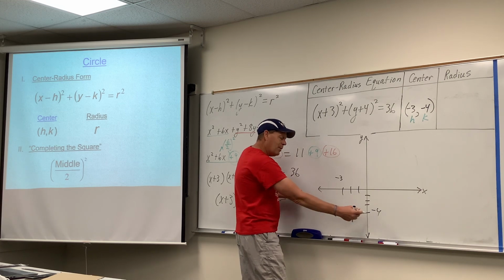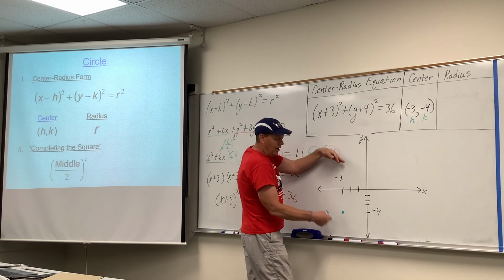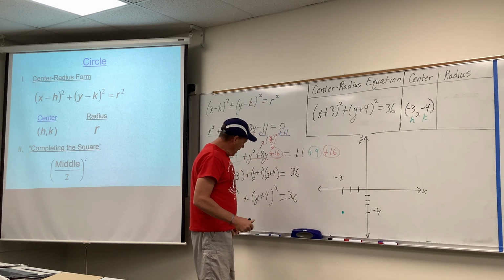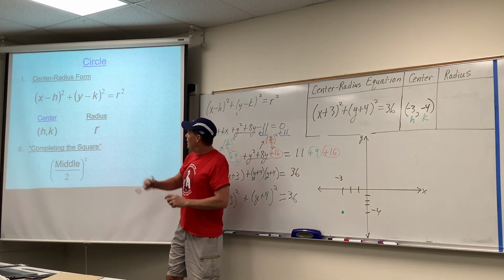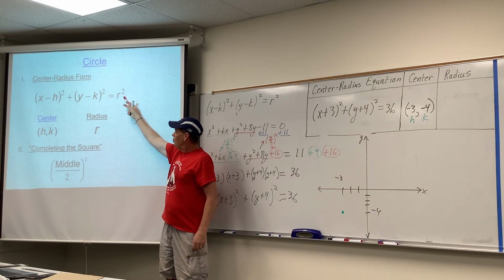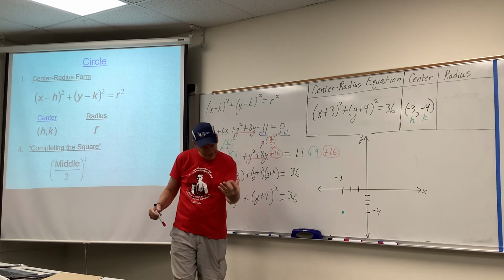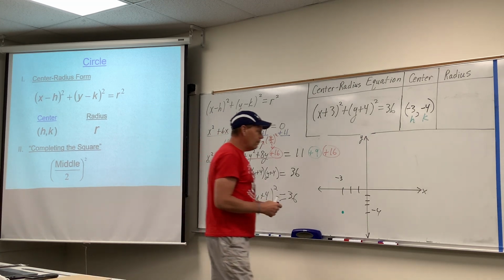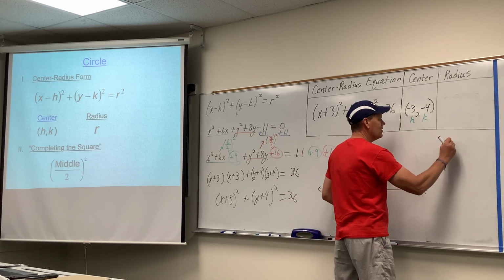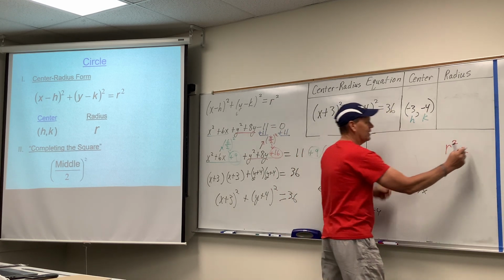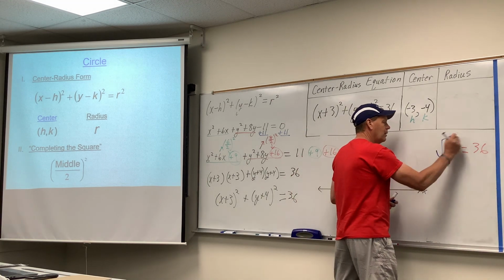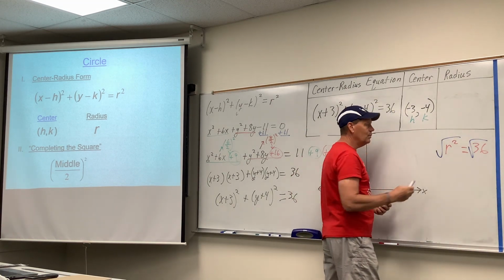And then how big to make the circle? How far to travel north, south, east, west? And again, that would be your radius. And just remember that the number on the other side of the equation is your radius squared, right? Again, squared. So you would hopefully look at that and go, well, the radius squared is 36, and so therefore the radius itself would be 6, wouldn't it?